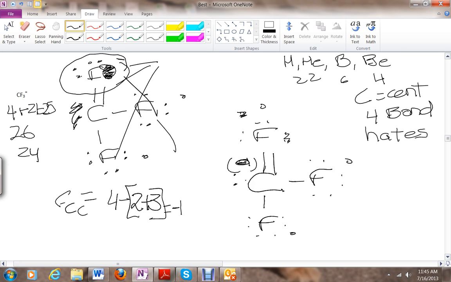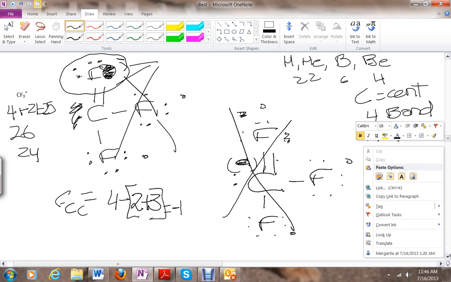You're going to have 0, yeah, you could have 0 because you're going to have 1, 2. You're still going to have a negative. Do you see? And also, this is impossible because it's 1, 2, 3, 4, 5, 6, 7, 8, 9, 10 on the carbon. You cannot have more than 8. Again, you cannot have a double bond at all.